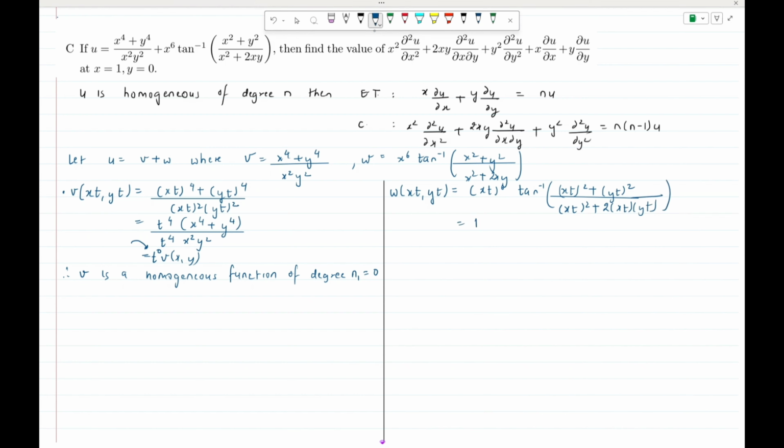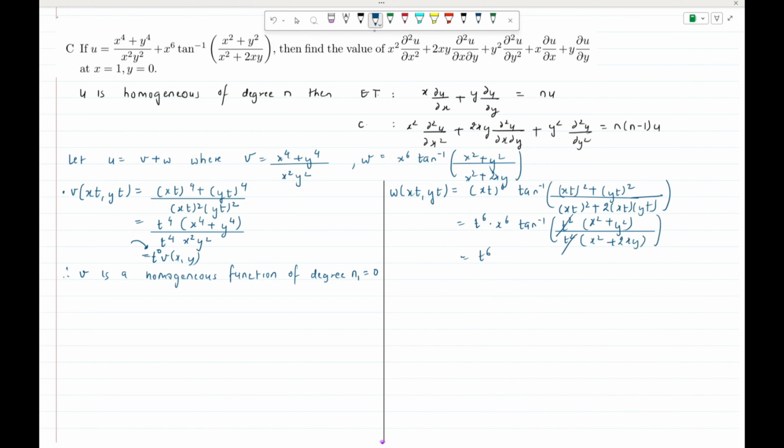So this is going to be t raised to 6 into x raised to 6 tan inverse of, from the numerator we can have t square common, and the other factor is x square plus y square, while in the denominator again we have t square common, and we have x square plus 2xy. So the t square cancels, and we are left with t raised to 6.